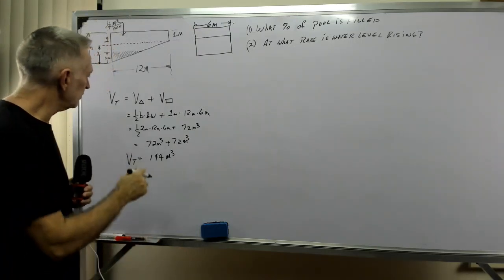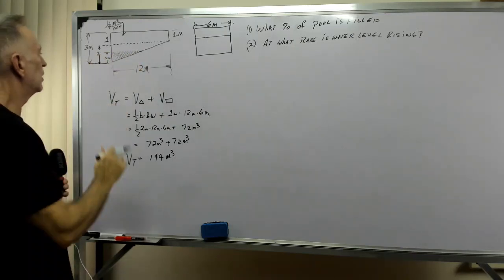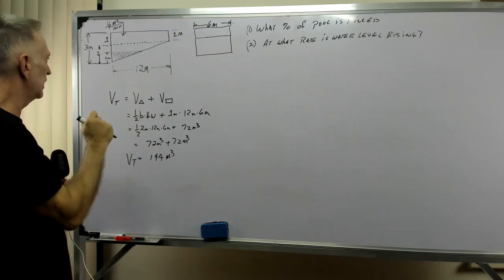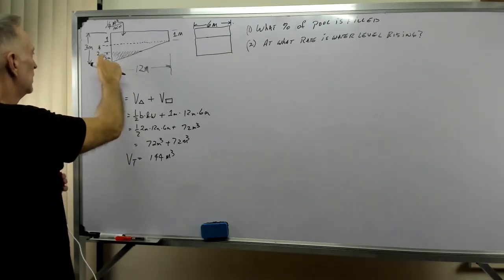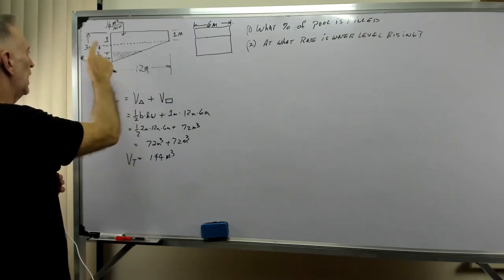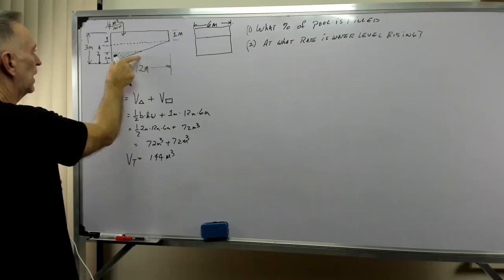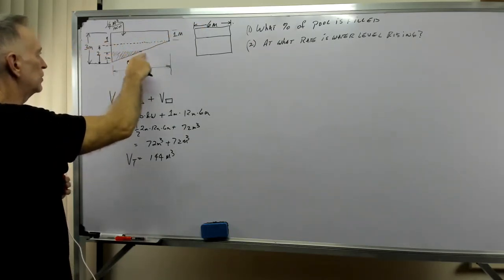Now then, let's calculate the portion of the pool that's taken up by the water that's in it. Again, the volume is 1/2 the base times the height, and I don't know what the height is, times the 6. So I know everything but h.